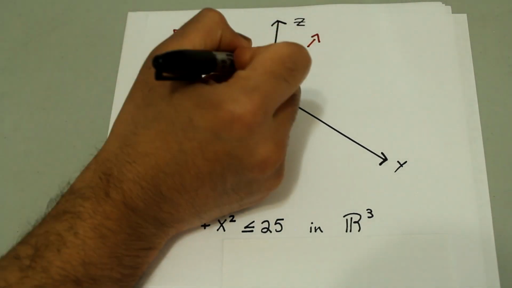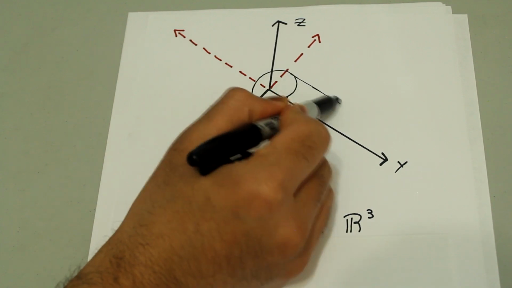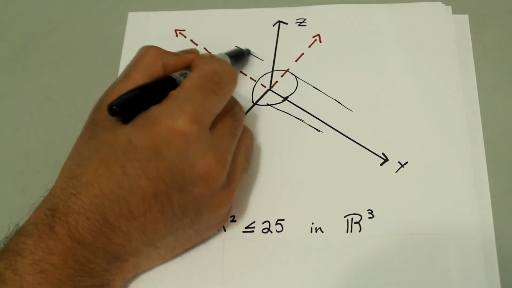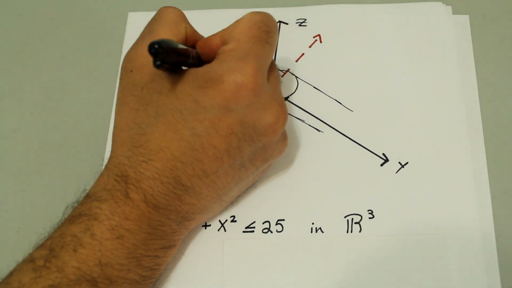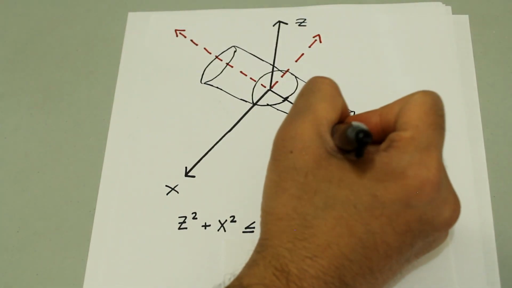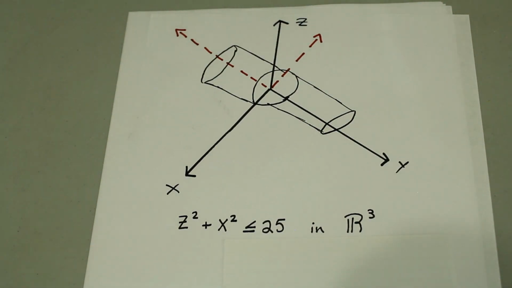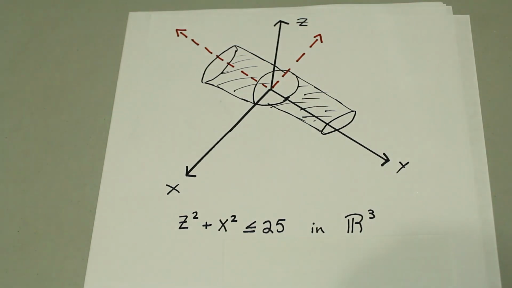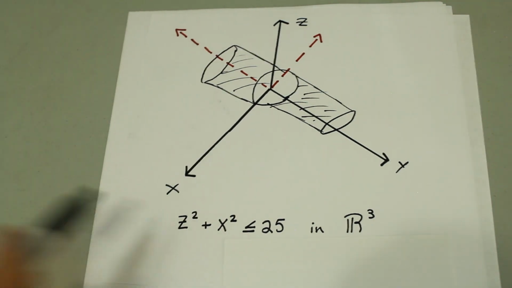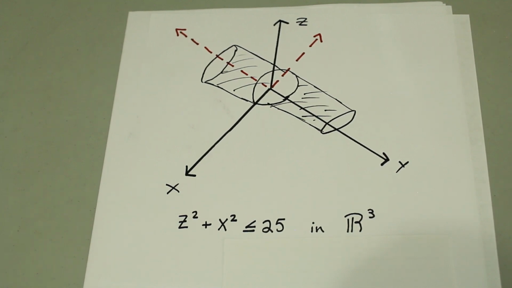If we were to extend this circle infinitely in the y direction, and it goes on for infinity, we end up with a cylinder that's centered on the y-axis and has a radius of 5. So this is the inside. This gives the inside of a cylinder with a radius of 5 centered on the y-axis. So when dealing with 3D coordinates, be very careful about things like this.